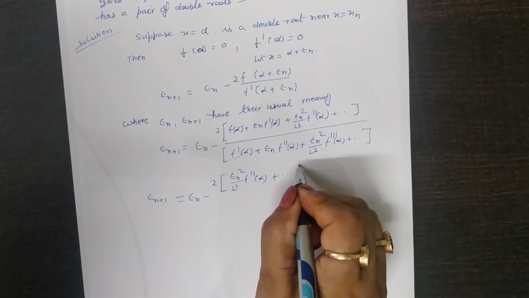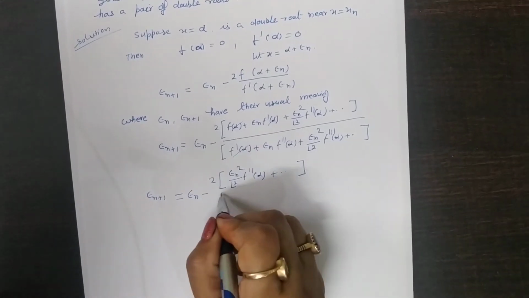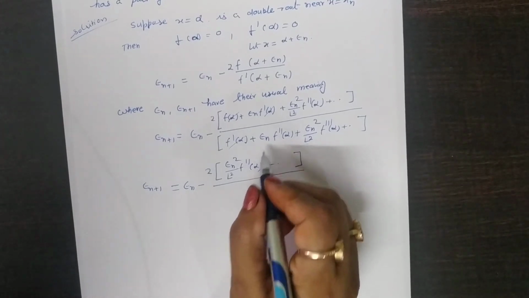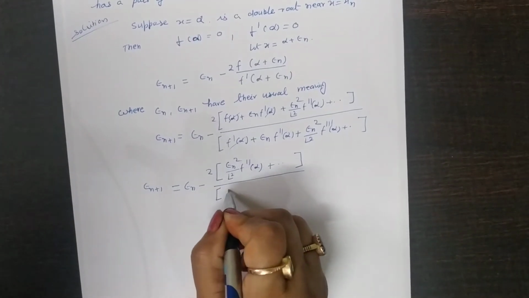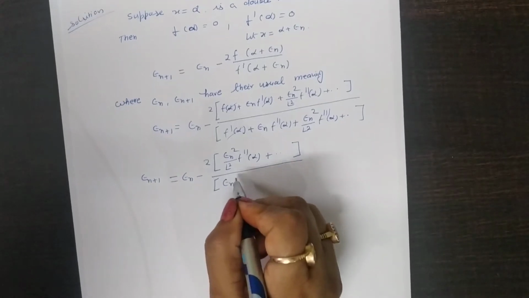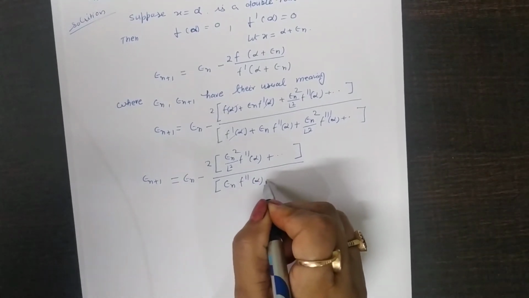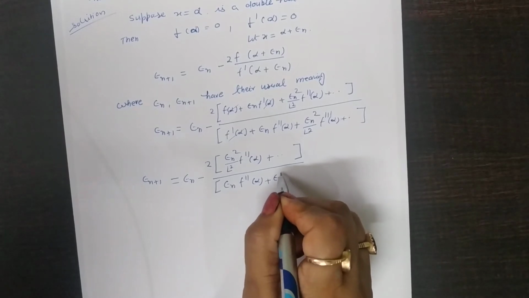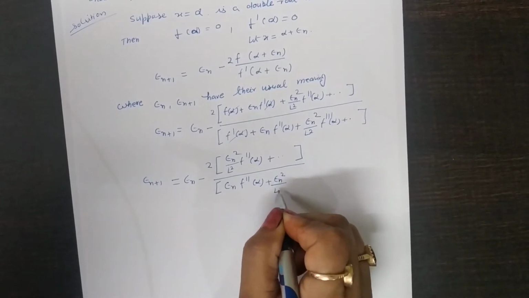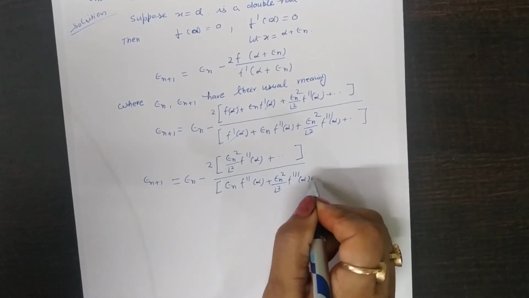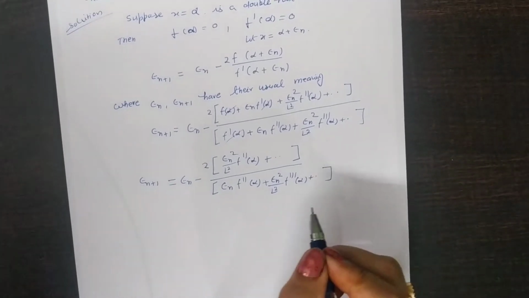And in the denominator, starting from here, epsilon(n) f''(alpha) plus epsilon(n) squared divided by factorial 2 f'''(alpha), plus so on. Yes, clear?